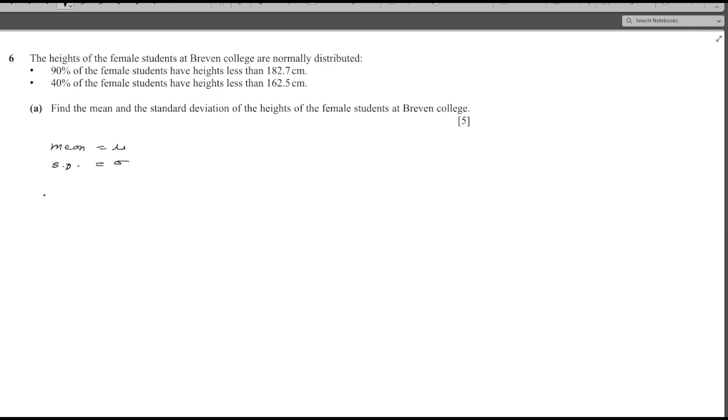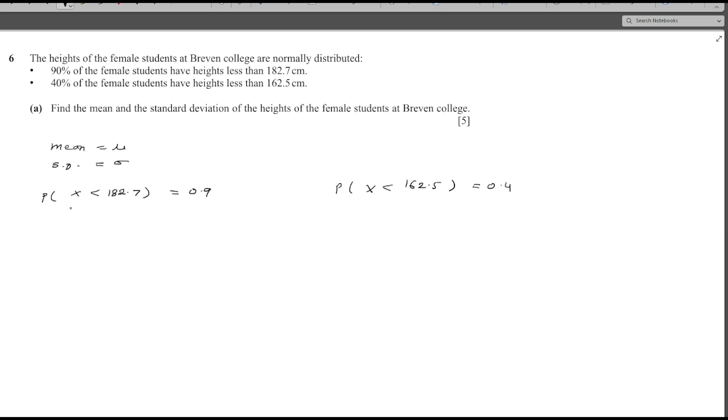So I will say that the probability of x less than 182.7 is 0.9, and probability of x less than 162.5 is 0.4.